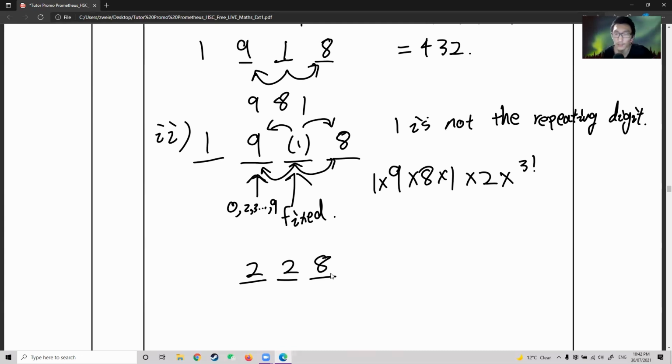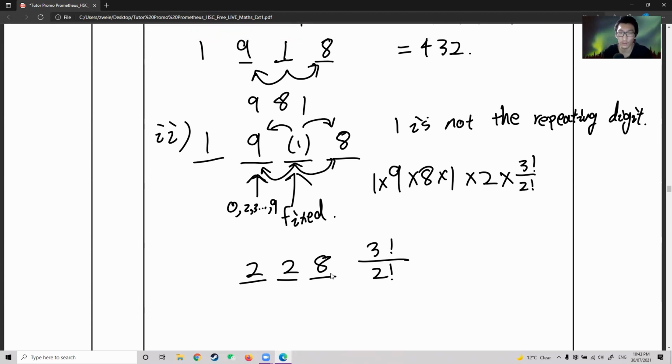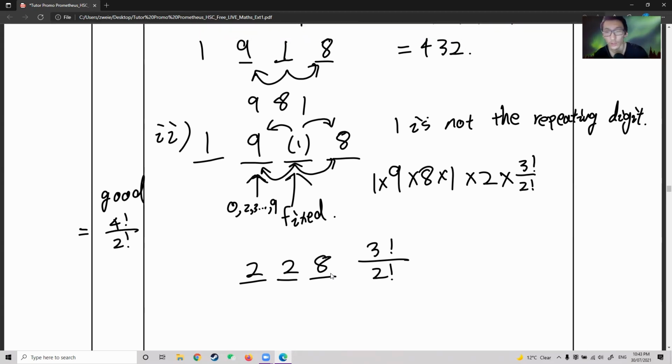You'll realize that although I have 3 factorial combinations, I have 2 repeating numbers. Having 2 repeating numbers makes me divide by 2 factorial. Generally, how many arrangements we can have for 'good' is 4 factorial over 2 factorial, because the 2 O's are repeating.